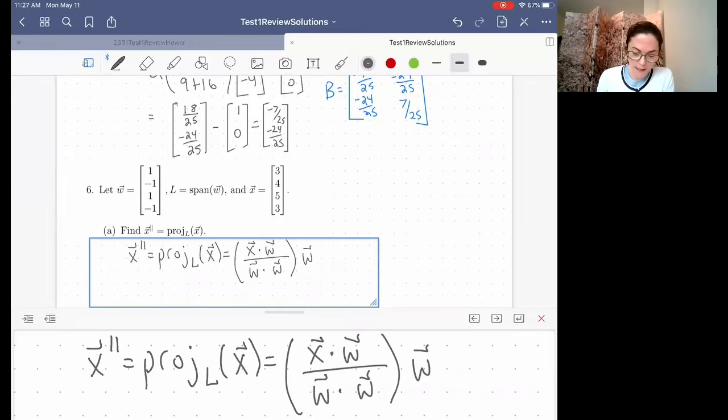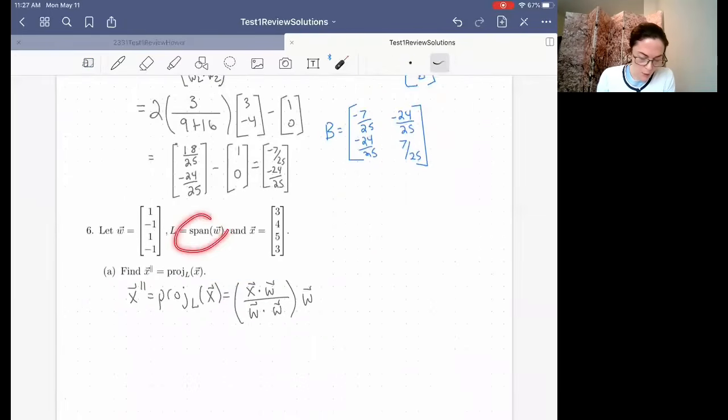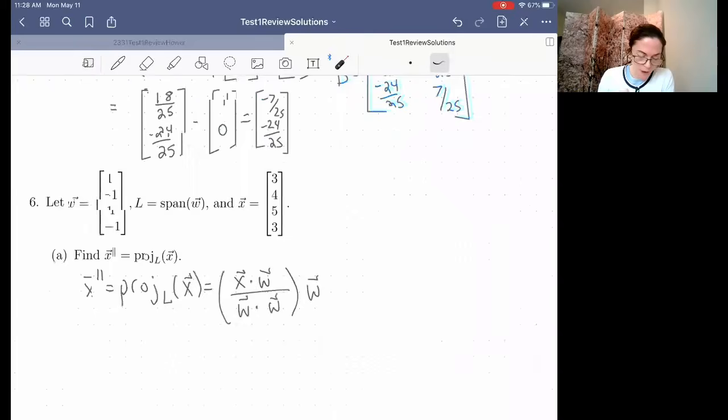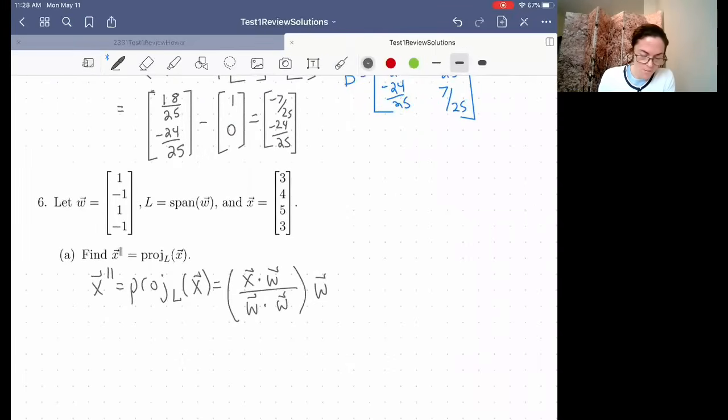If the line is all multiples of this vector W, well, look, I'm creating a multiple of W. And the multiple is, well, you take this original vector X dot W over W dot W. And this simplifies some if W was unit, but I will just do it this way. W is not unit, and this formula works just fine.